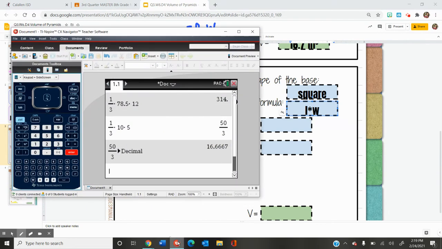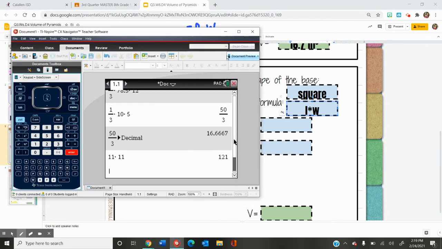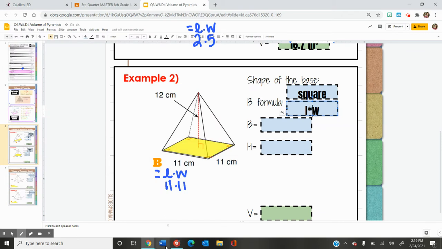So in my calculator, I'm going to take 11 times 11, and I get 121. So the area of my base is going to be 121. Now H, the height of my pyramid, is going to be from the center of my base shape to the peak, and it tells us here that that is 12.